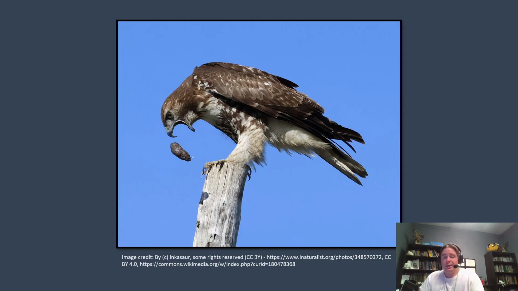Pellets are undigestible material in the gizzard, and those pellets build up as digestion gets completed, and then maybe several hours later the bird regurgitates the pellet. It's what you would call casting. We often say it casts the pellet, and that's what's happening in this picture. This red-tailed hawk is throwing up this pellet, it's casting this pellet.